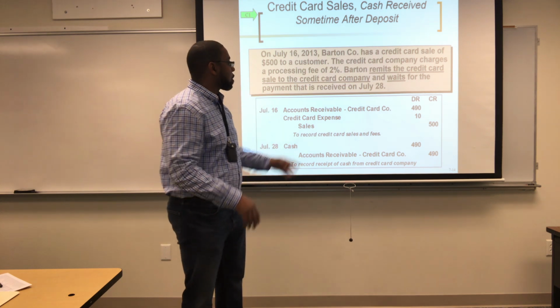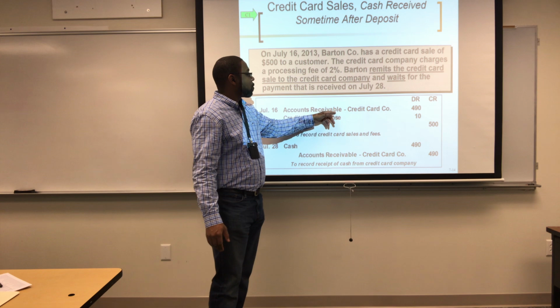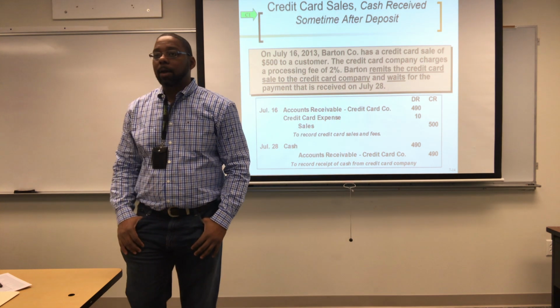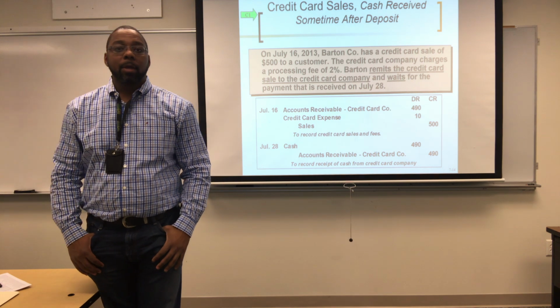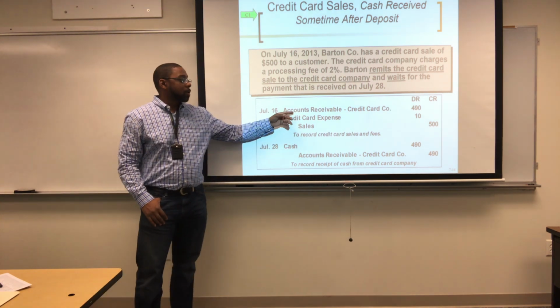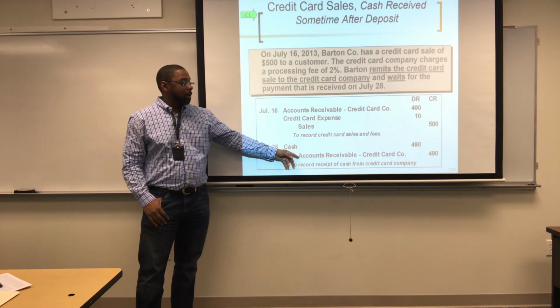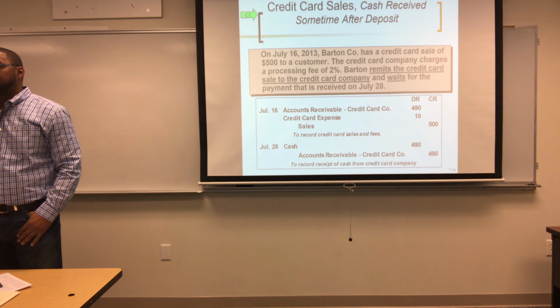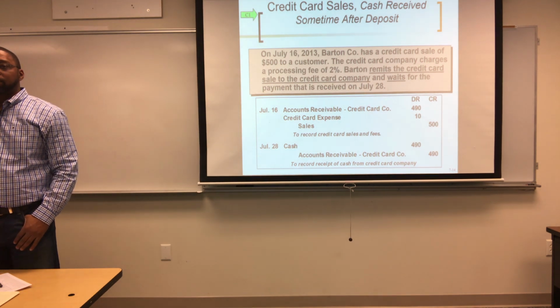You will have a credit card accounts receivable for the credit card company. Debit the credit card expense, credit the sale. And then when the credit card company pays you, you debit your cash and credit the accounts receivable for the credit card company. Everyone with me?